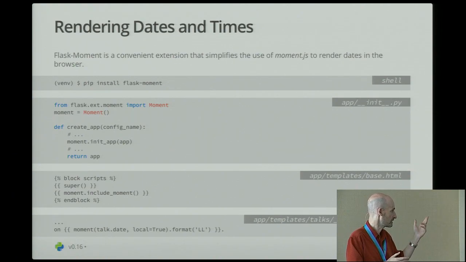That extension gets installed and initialized in the usual way. Since it's based on having some JavaScript in your page, in your base template you need to include this thing called include_moment. That's a function that the extension provides that generates the script tags that incorporate the JavaScript code into your page.